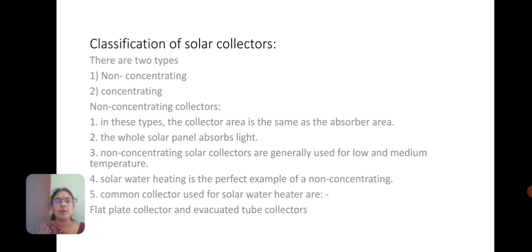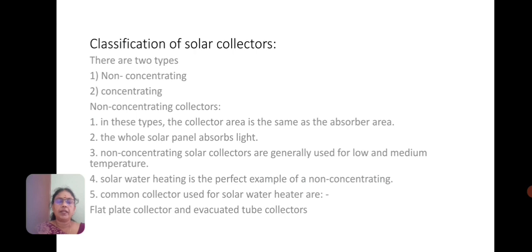In the non-concentrating collector, the collector area is the same as the absorber area. Second, the whole solar panel absorbs light. Third, these collectors are generally used for low and medium temperature.